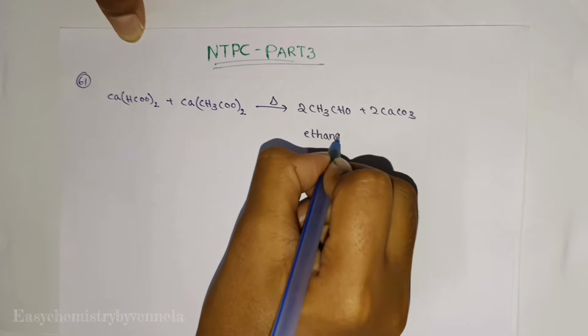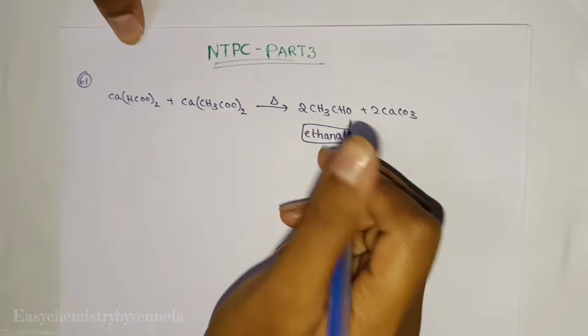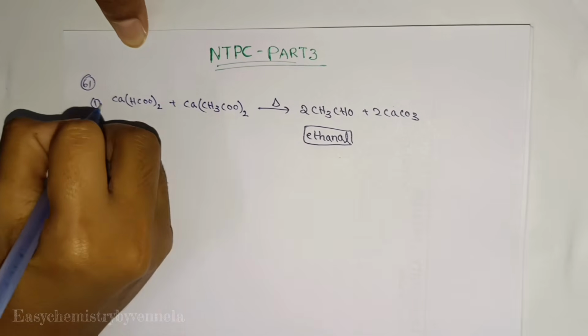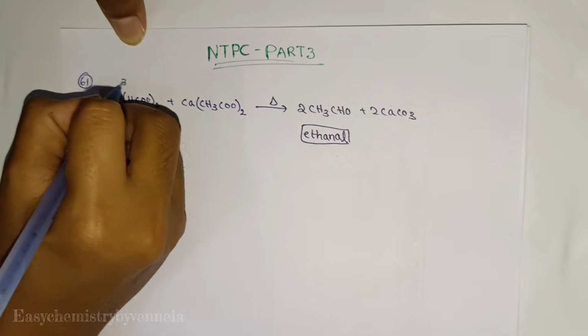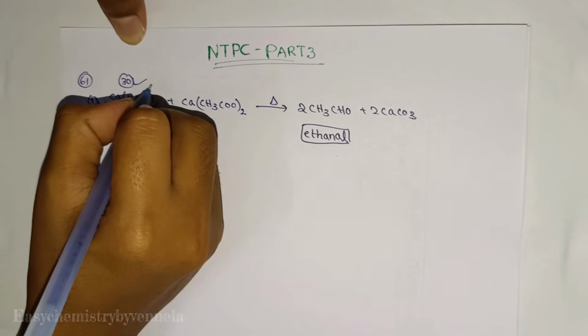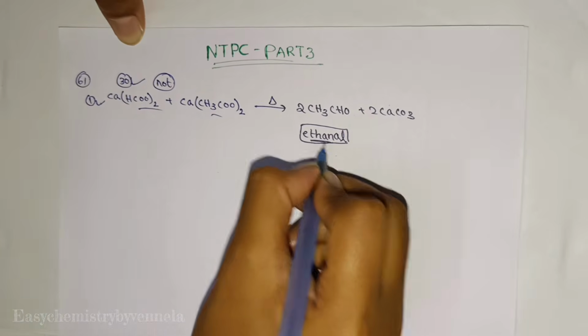This is ethanol. So the correct option is the first one. This question is already explained in question number 30. In that question it was not a mixture, but here, what is the mixture?